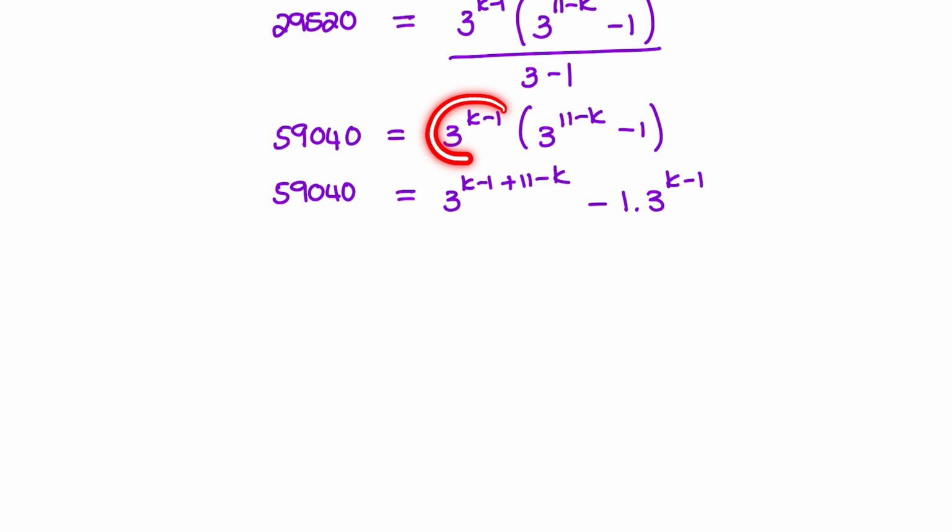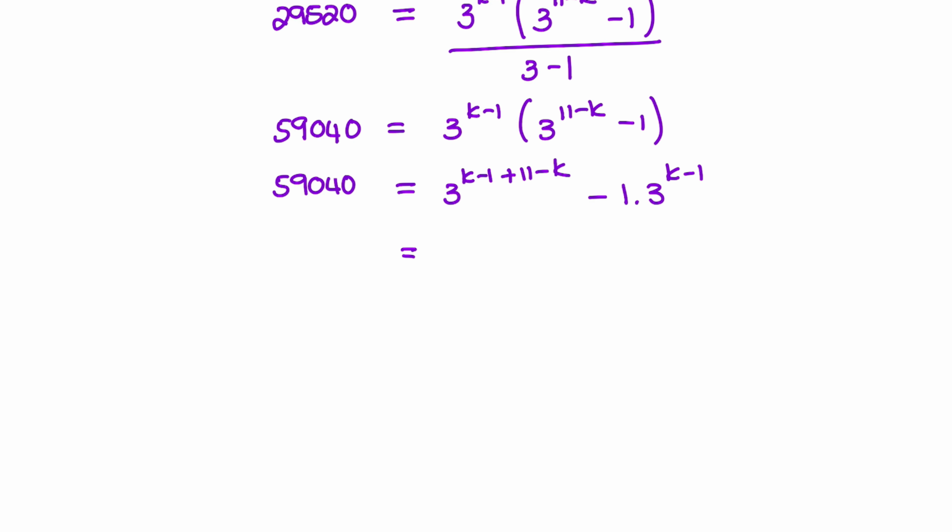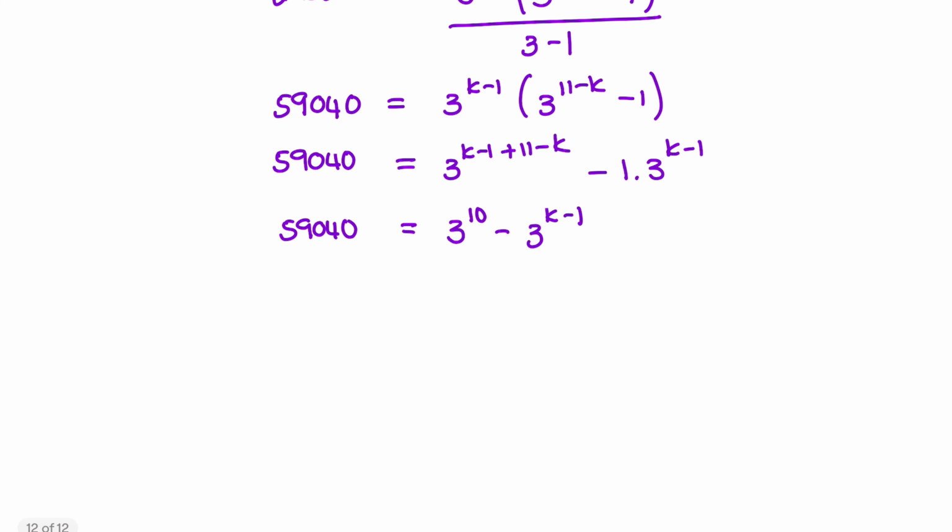For the second term, I simply multiply negative 1 with 3 to the power of k minus 1. If I simplify further, I have 3 to the power of 10 minus 3 to the power of k minus 1. Can you see that in the first term, k minus k becomes 0, so I'm left with 3 to the power of 10.